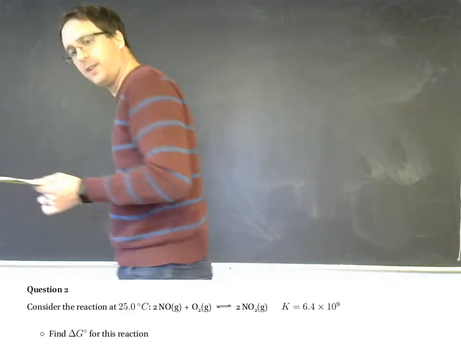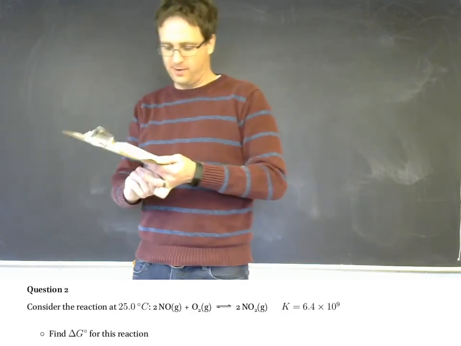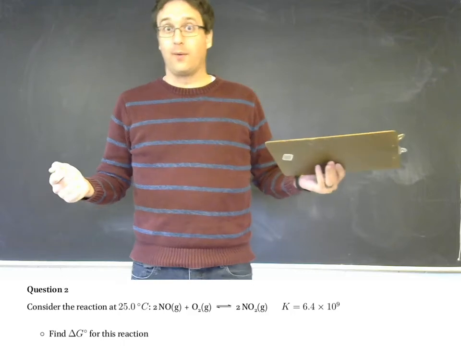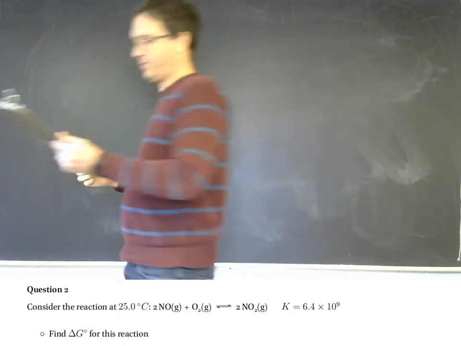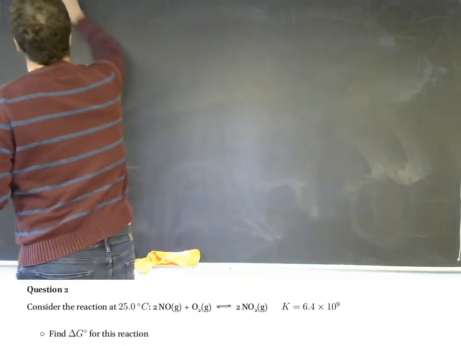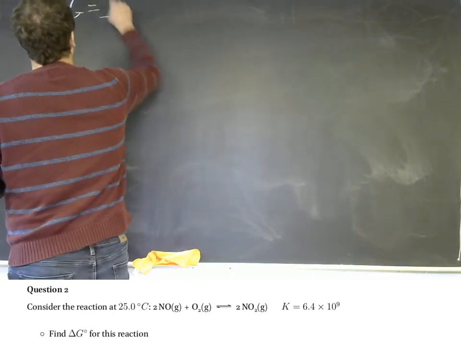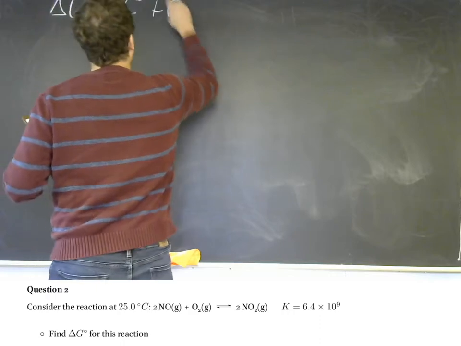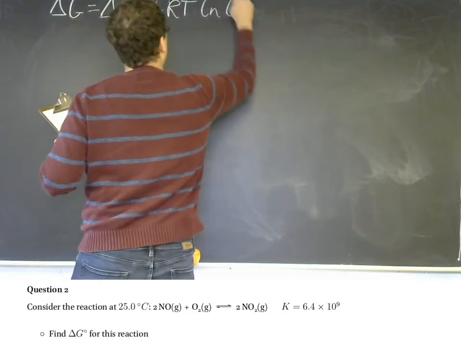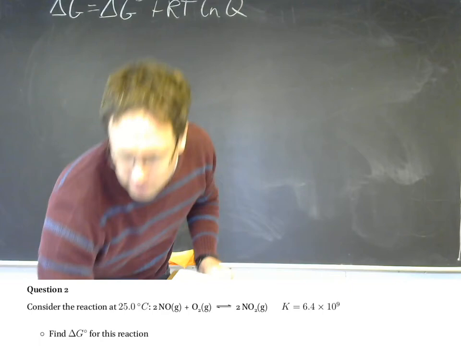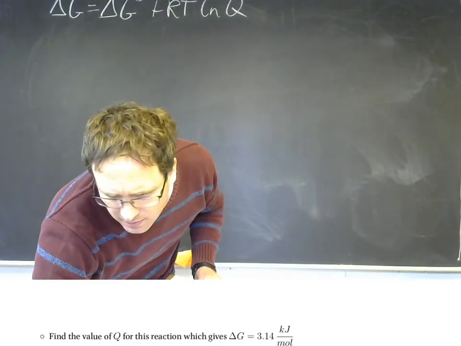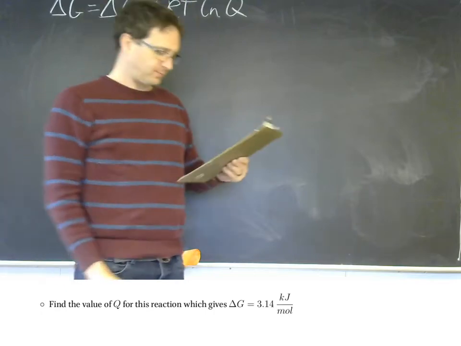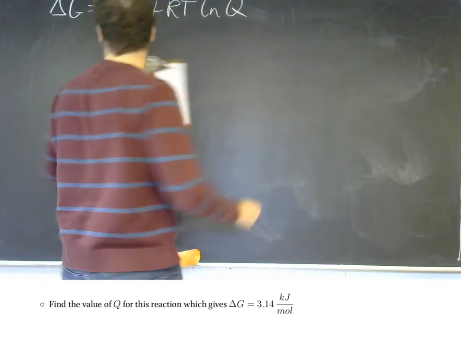And then finally, finding the value of Q for the reaction when we have a given Gibbs energy. So we have delta G is equal to delta G naught plus RT ln of Q. Sorry, let me scroll down to that second half of the question here. And so we can just begin to plug things in.